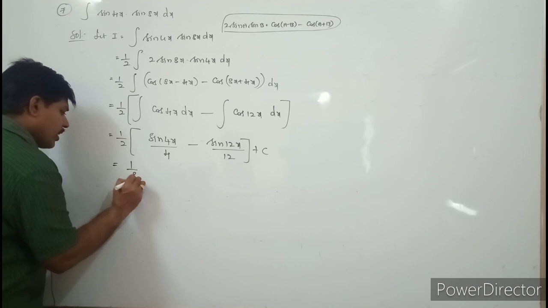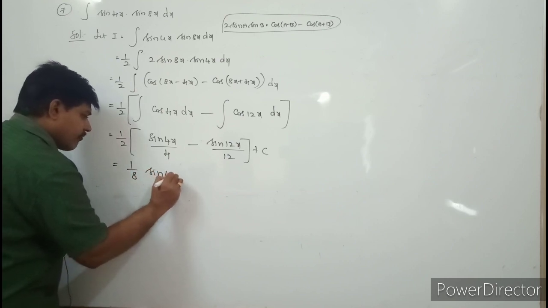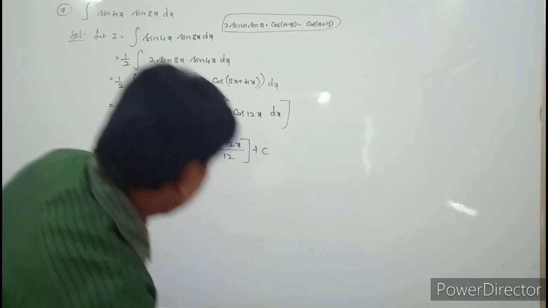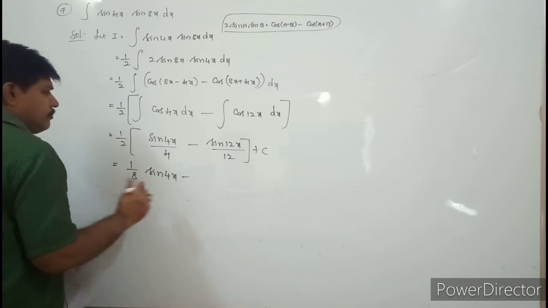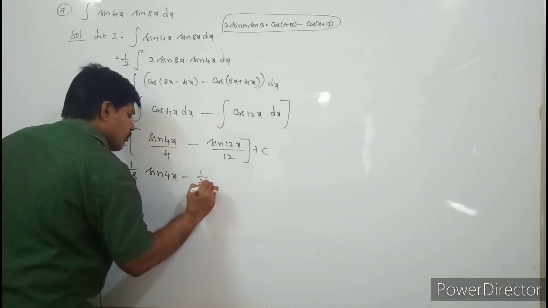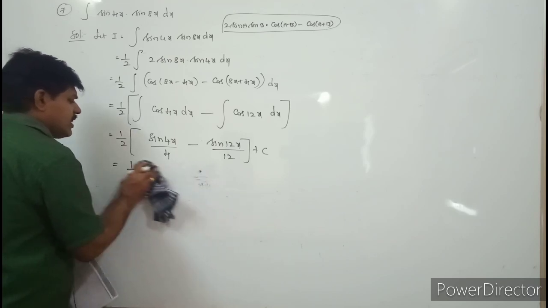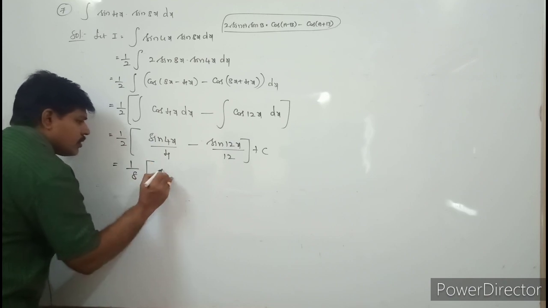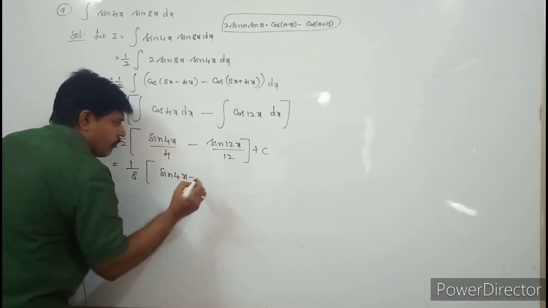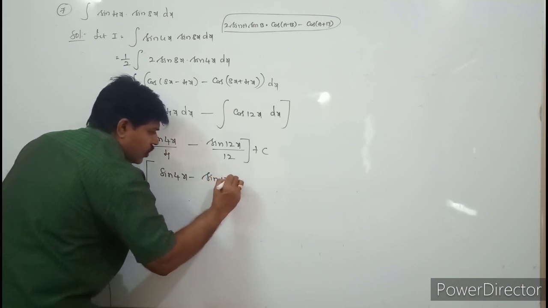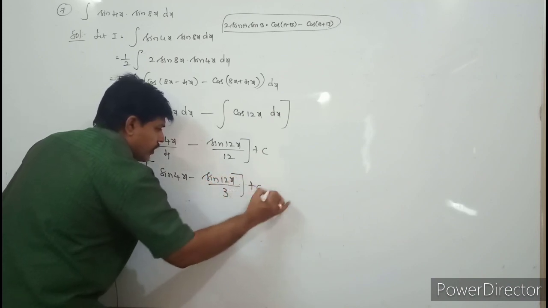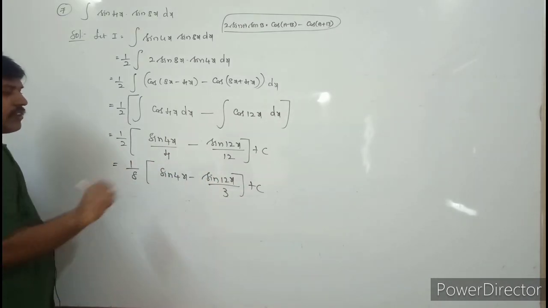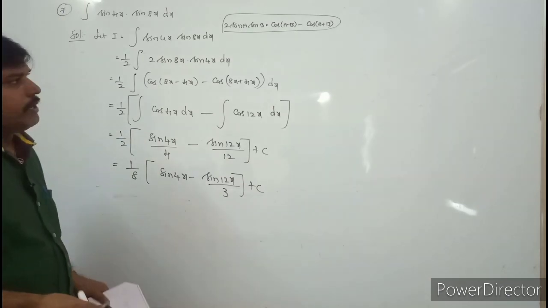That is 1 by 8 into sin 4x minus, and that is 1 by 24. So you can take that 8 common. It will become sin 4x minus sin 12x by 3 plus c. Just take the 4 out in the denominator. So already 2 is there. It will become 1 by 8 into sin 4x minus sin 12x by 3 plus c.